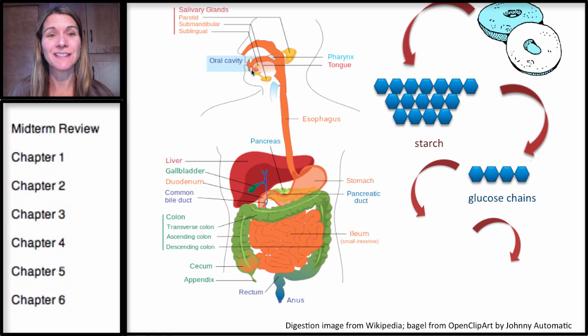Well, it begins in the mouth, right? We have enzymes in the saliva which start breaking it down. It goes through the esophagus into the stomach, pretty much halts there, moves through to the intestines, and this is where these components start to break down into smaller glucose chains and then into maltose. What is maltose? Maltose is 2-glucose linked together, and then that goes to glucose.